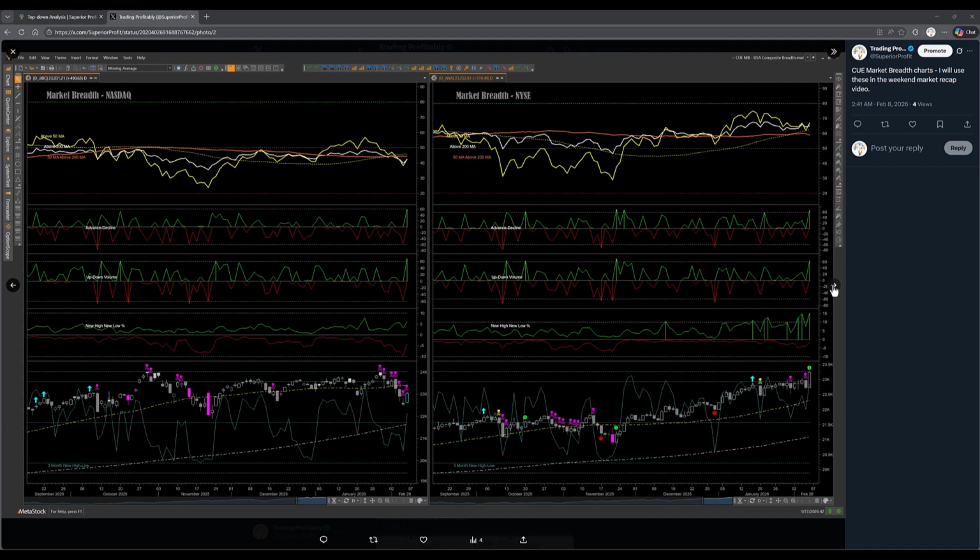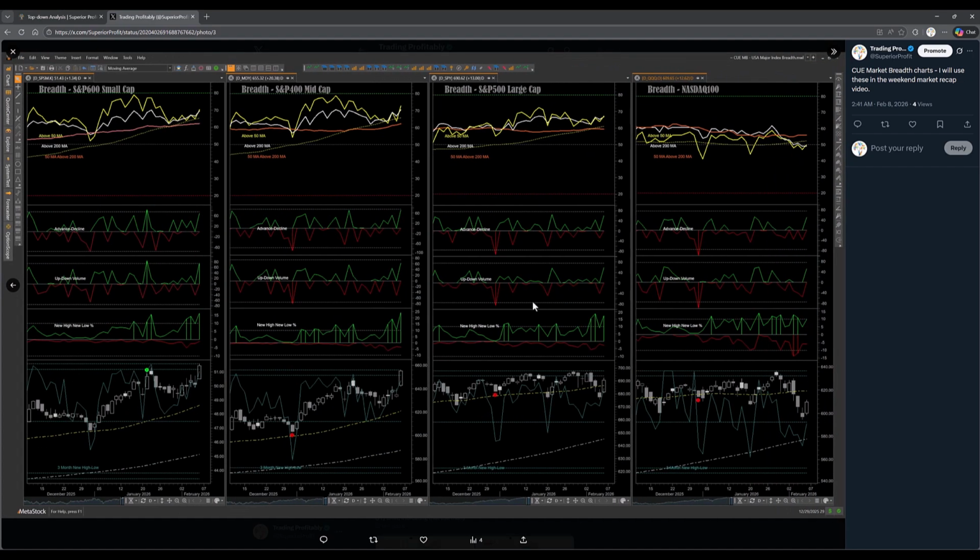If we further drill down into the major indexes, the 3-month new high-low in small cap and also in mid-cap are nearing extremely overbought conditions, and the recent rally was triggered by small caps and mid-caps more than by mega caps and large caps.